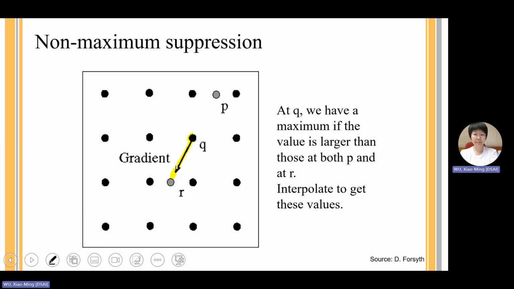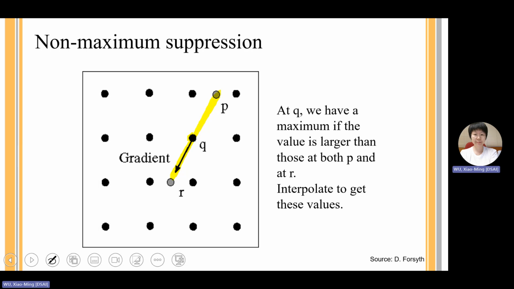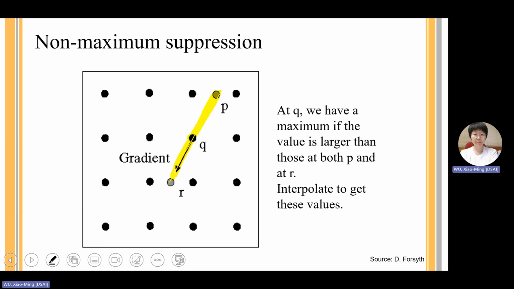This is the real gradient direction. But how can we compute along the real gradient direction? If we decide to do non-maximum suppression along the real gradient direction, we are comparing this point and this point and this point, right?